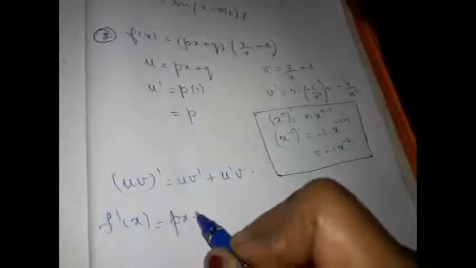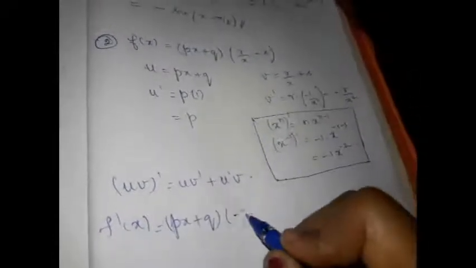Now, f dash of x is equal to uv dash plus u dash v. U is px plus q, v dash is minus r by x square, u dash is p, and v is r by x plus s.